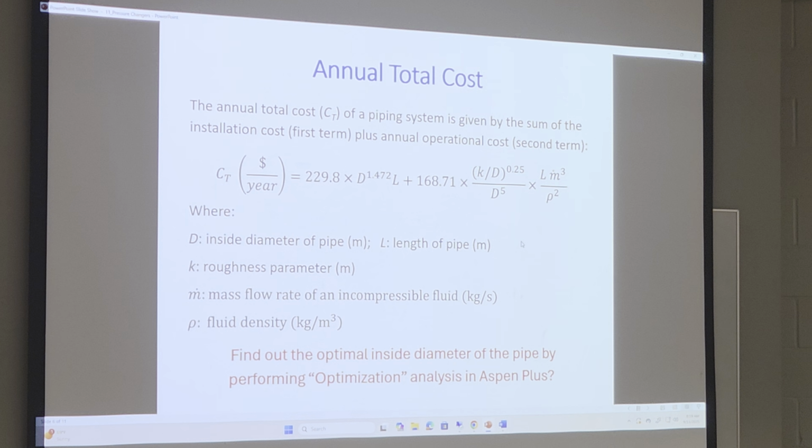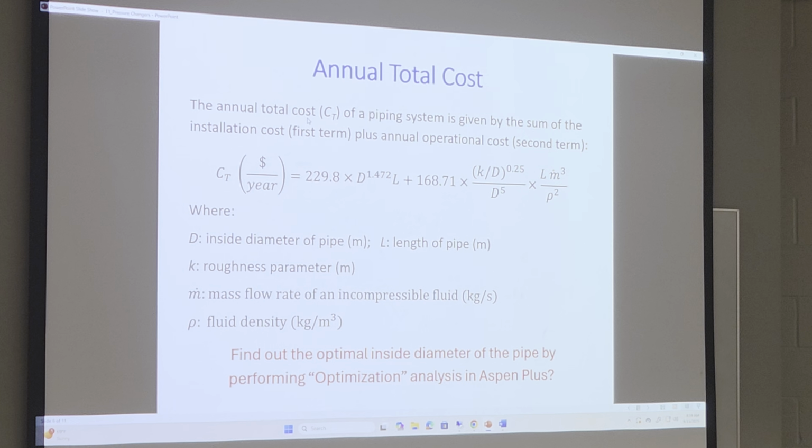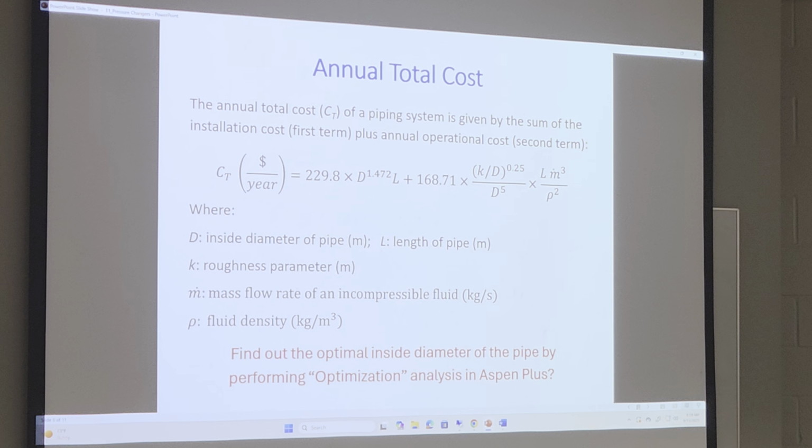The information for this system, we want to supply water, 10,000 kilograms per hour of water. We want to deliver or supply 2,000 meter length with a 3-inch schedule 40 pipe. The given information is, for this piping system, the annual total cost is given by this equation. So pump and piping, this system, annual total cost is given by this equation, and this first term is installation cost.